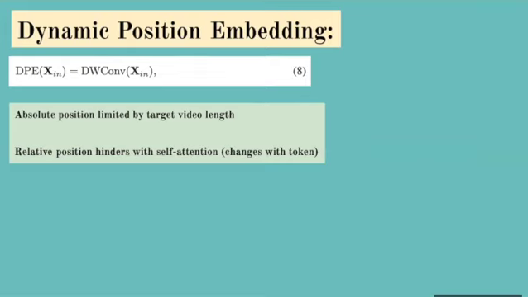Why they propose the dynamic position encoding is that absolute position is limited by the length of the target video. The training must have been done on a certain length of video, and if the testing video is a bit longer, then it needs to be interpolated to the training length.